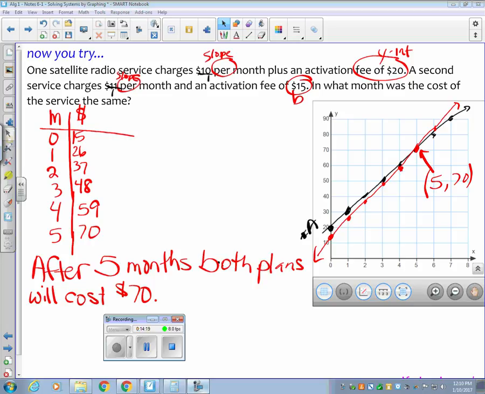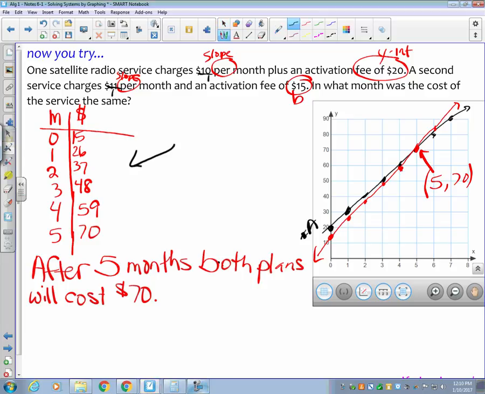All right, so when you graph the first one, that's this black line here. And you graph the second one, I wrote down a little chart to help keep me on track. We can see that after 5 months, both plans will cost $70.